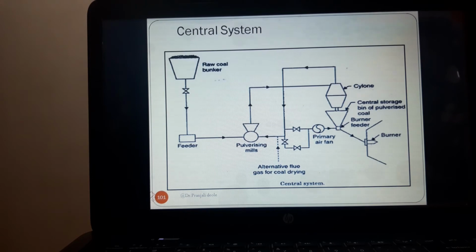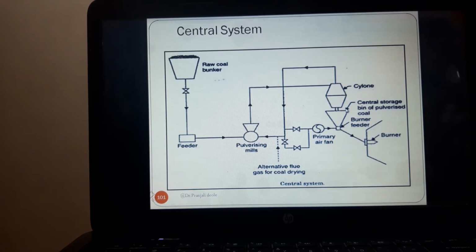From the pulverizers, the coal is transported to a central storage bin where it is deposited, and its transporting air is vented from the bin through a cyclone. Here you can see the cyclone. This bin may contain from 12 to 24 hours supply of pulverized coal. From the bin, the coal is metered to the burners by motor driven feeders of varied design. Primary air added at the feeders floats the coal to the burners.